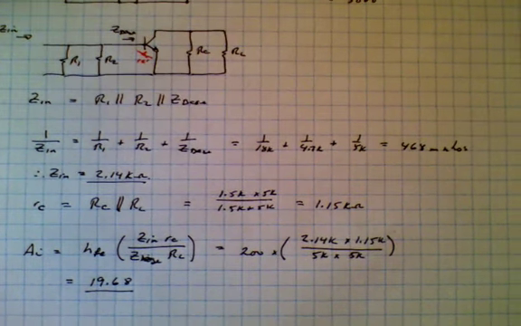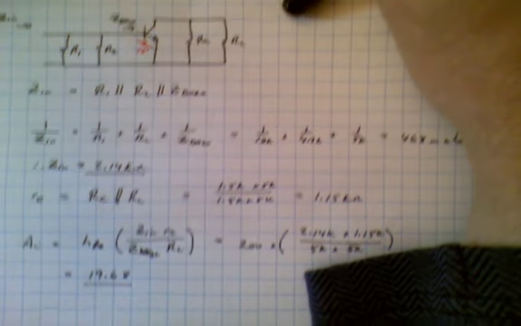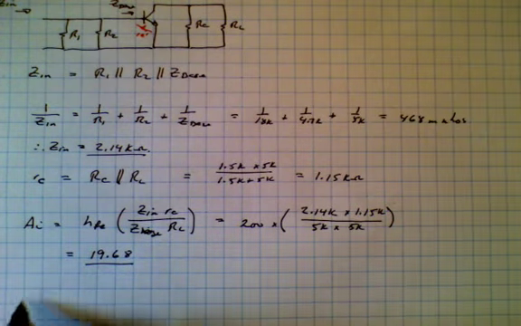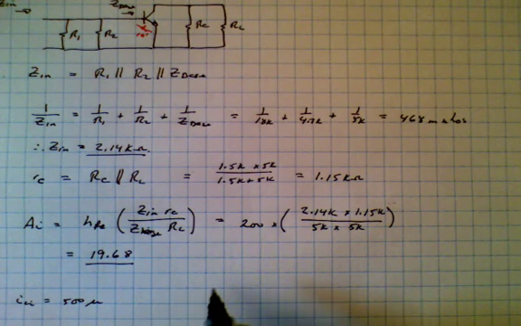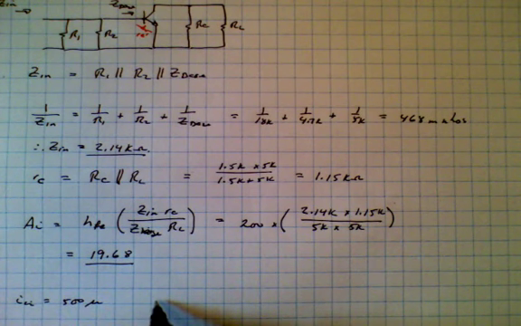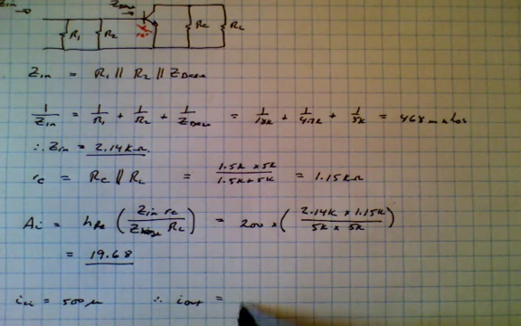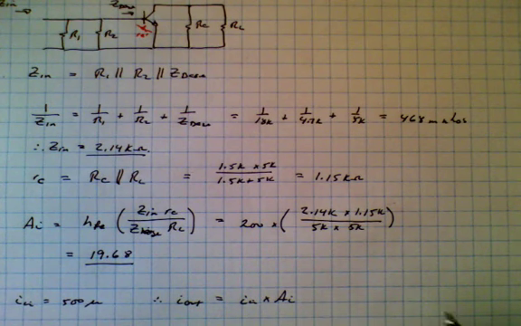Since we know the input current was given to us, Iin, is equal to 500 microamps, we can therefore find out what the output current is. I out is simply I in times the current gain.